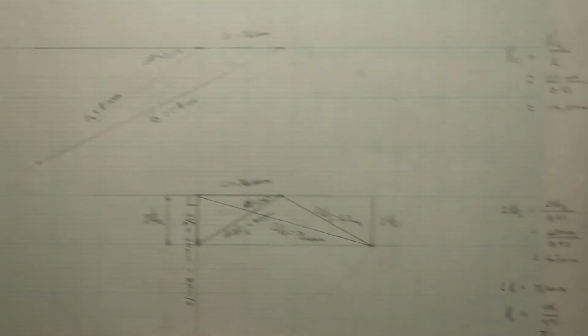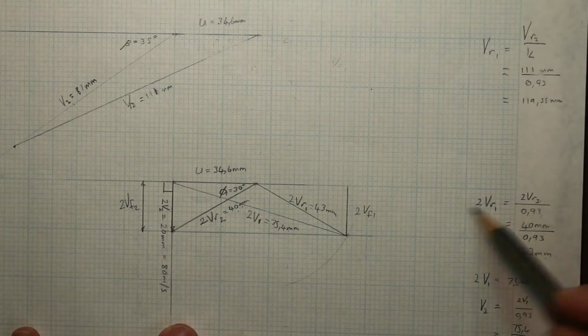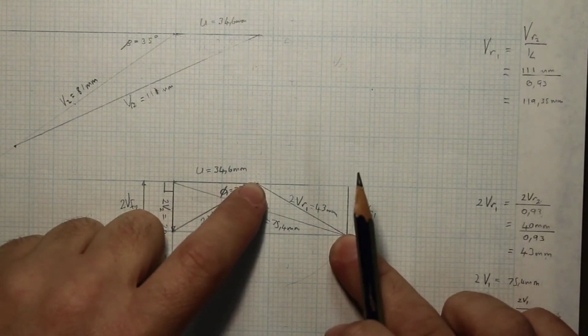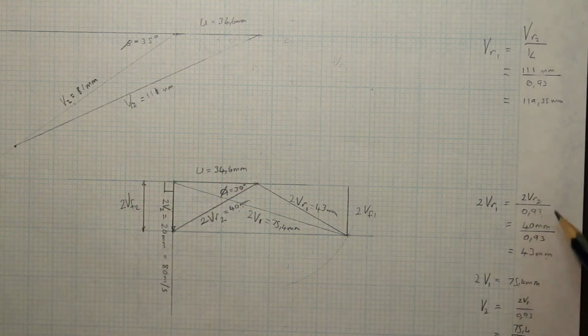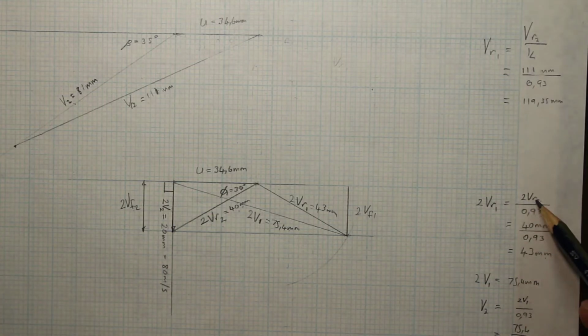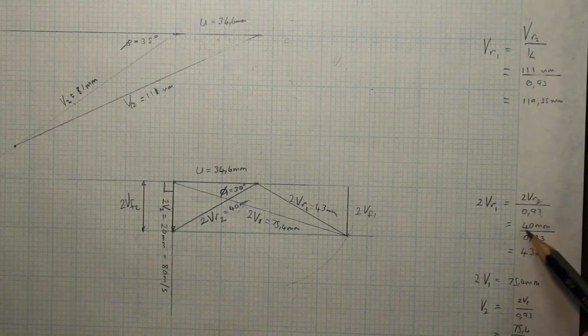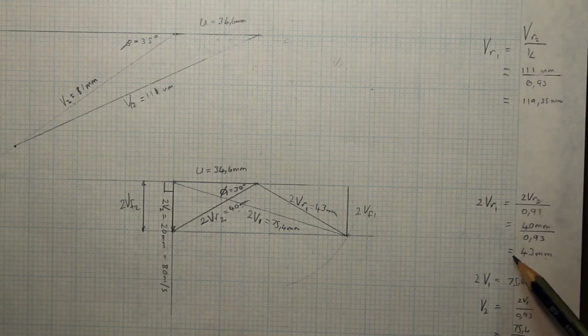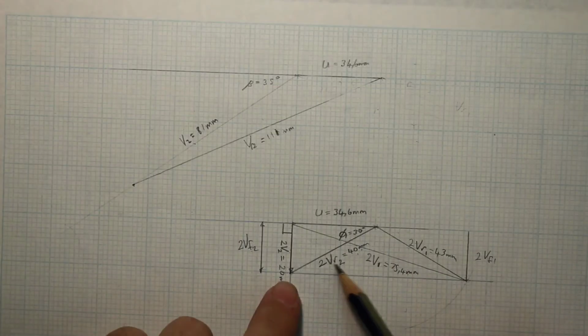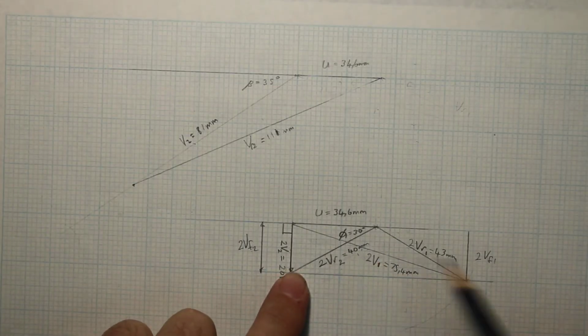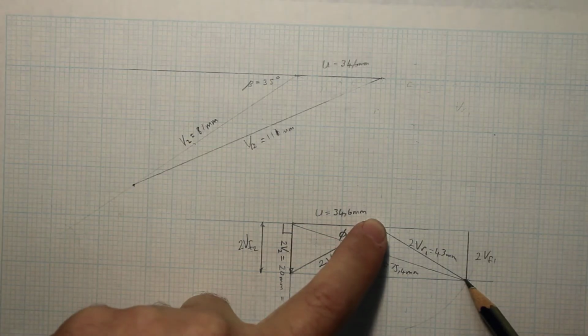Okay, so what we do is we calculate it. So this one here, VR1, all we do is we say VR2 divided by K, the coefficient of friction, and that's going to be 40 divided by 0.93, and we get the answer to be 43 millimeters. And that's what we expect. So VR2 is 40 millimeters, and VR1 is 43 millimeters.